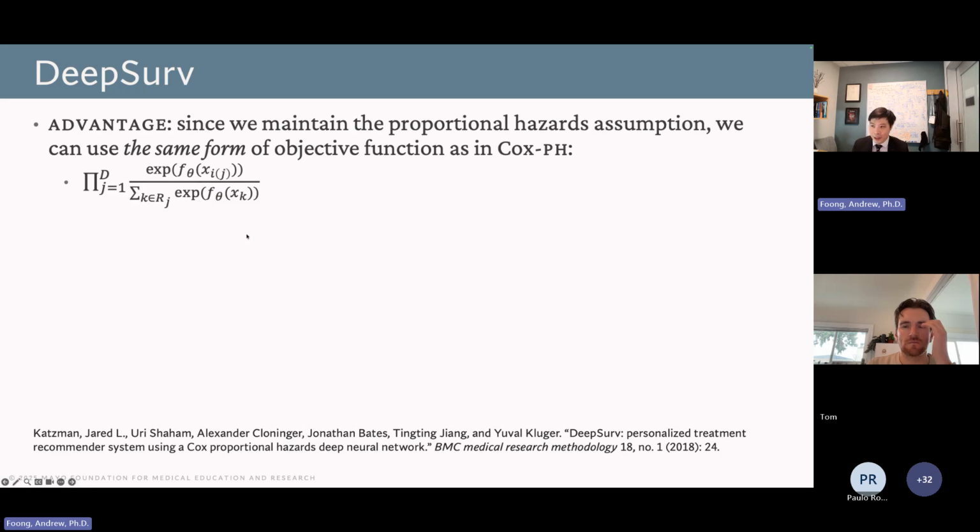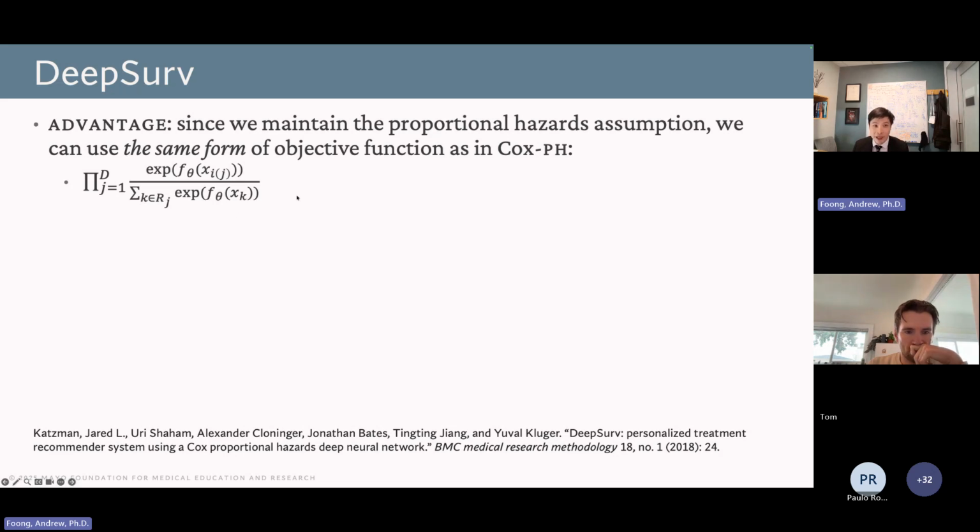So the advantage of making this kind of assumption is that because we maintain the proportional hazards assumption, we can do all the same algebra that we did in the previous section about Cox PH, except the only difference is that your objective function is going to have f theta of x wherever it previously had theta transpose x. And so this is a very straightforward objective function to define.